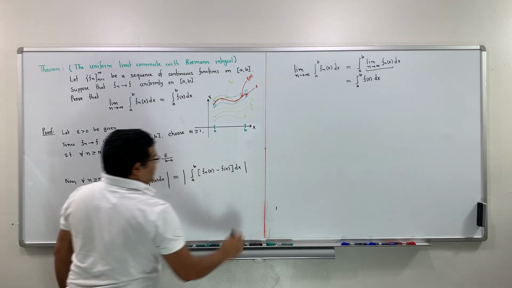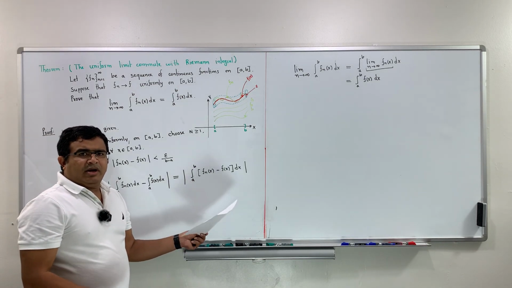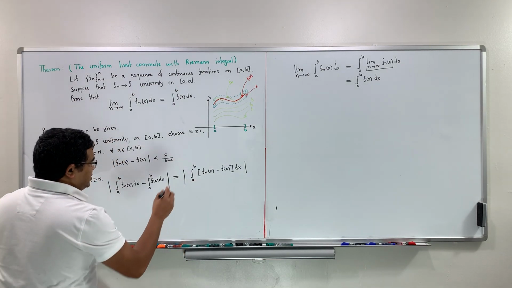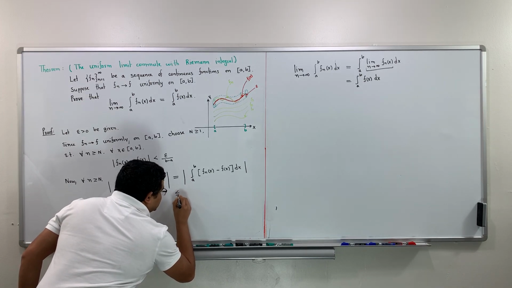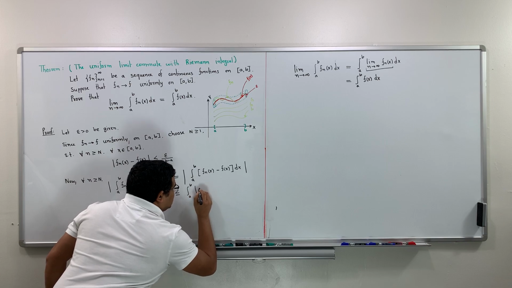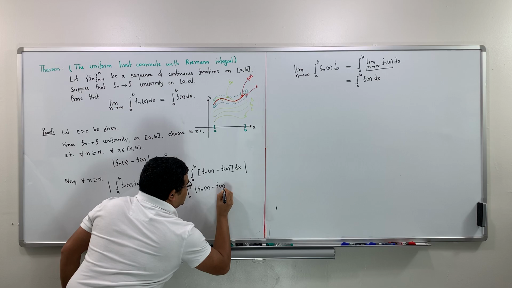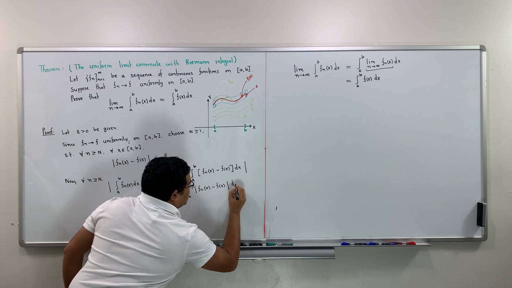There is an absolute sign here. And if we use the triangle inequality for integrals, this is less than or equal to the integral from a to b of the absolute value of f_n(x) minus f(x) dx.